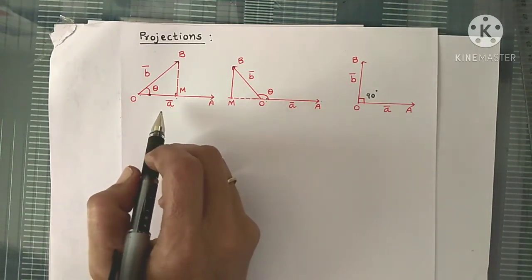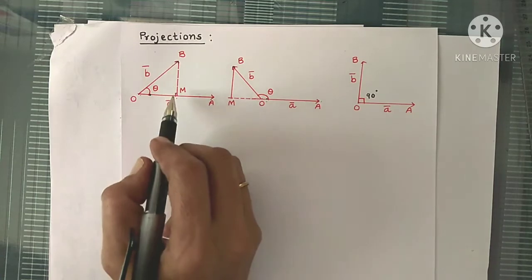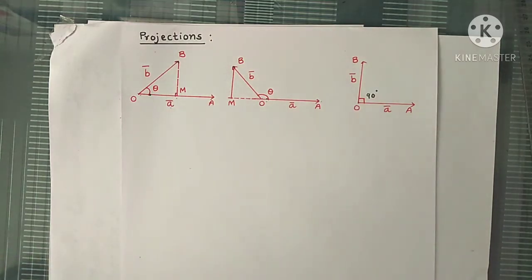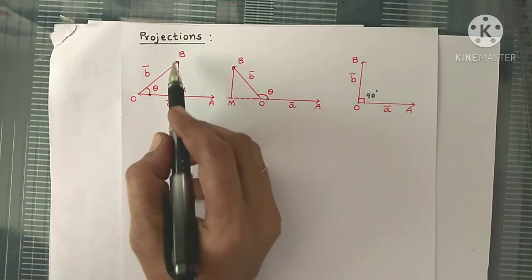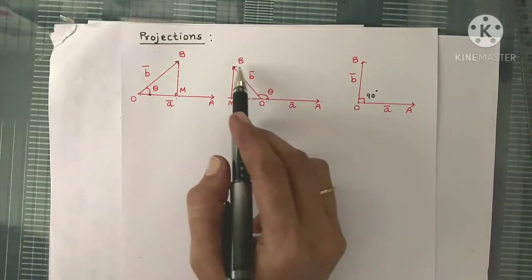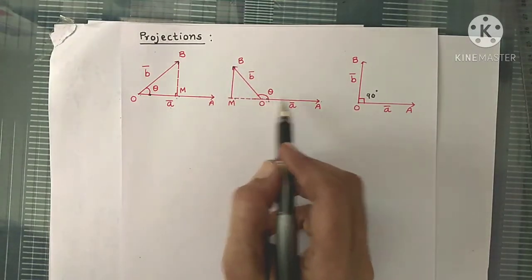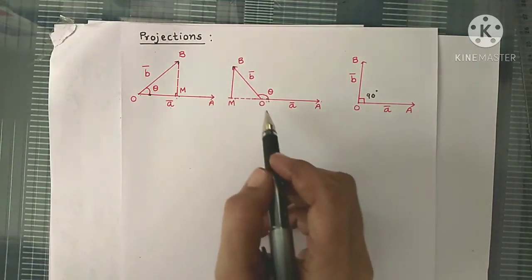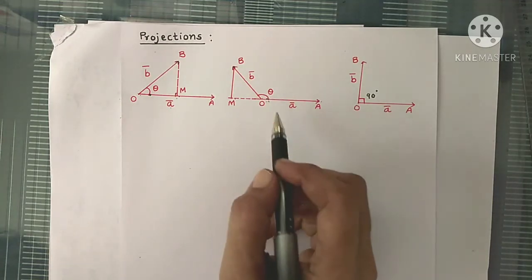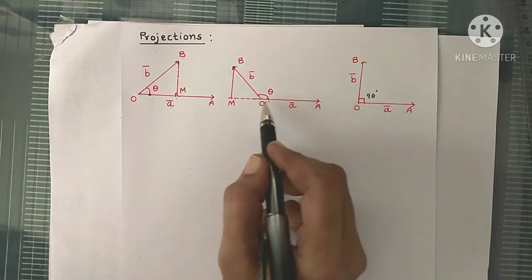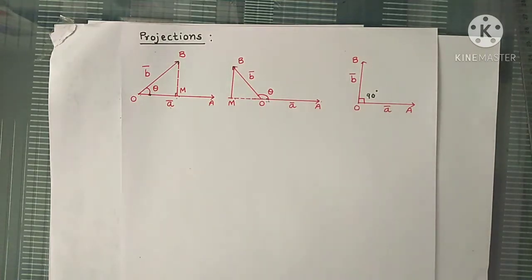To define scalar projection, draw BM perpendicular to OA. Here BM is perpendicular to OA, and here also BM is perpendicular to OA. But as theta is an obtuse angle here, we have to produce OA in the direction opposite to A bar, so that we can draw BM perpendicular to OA.